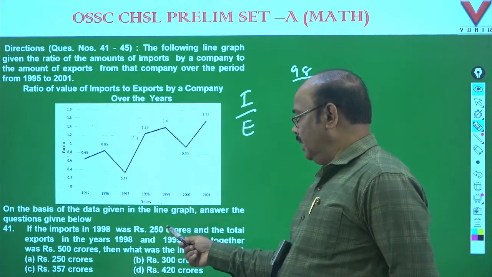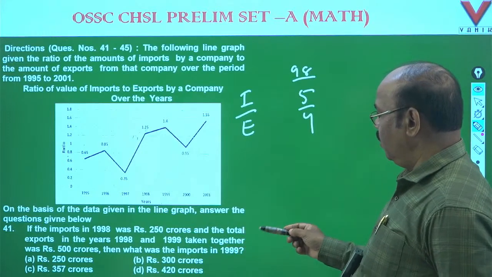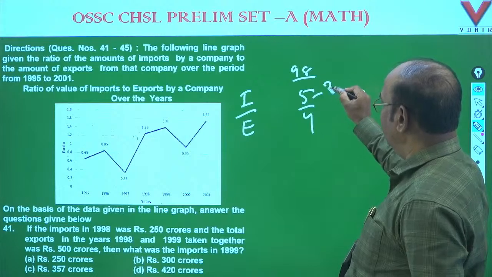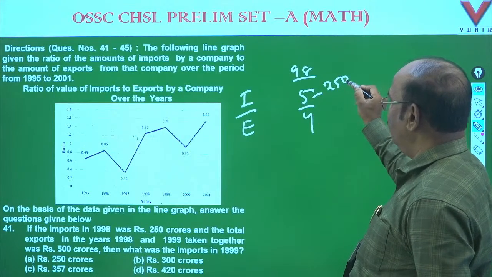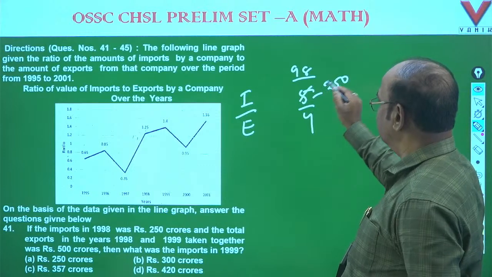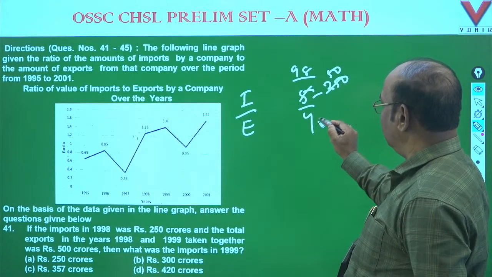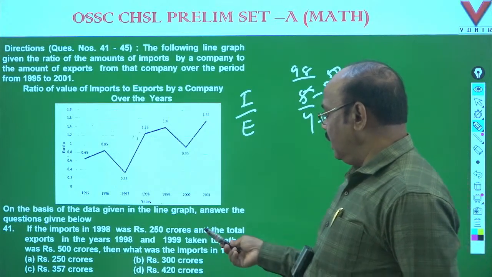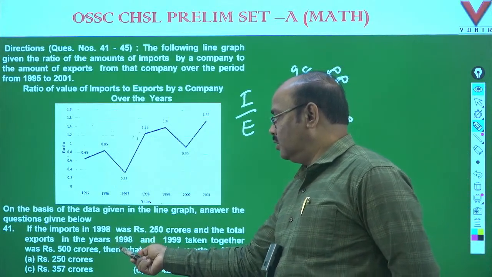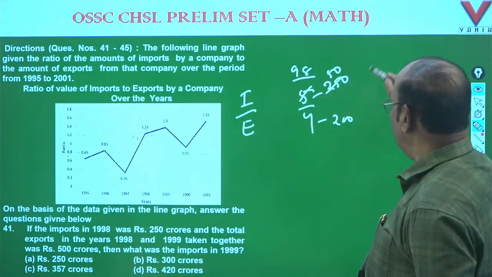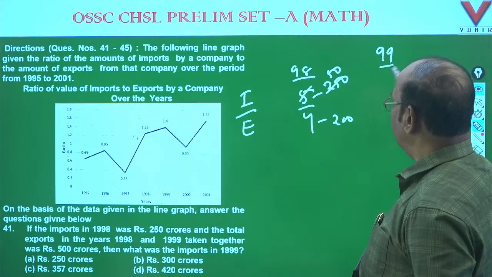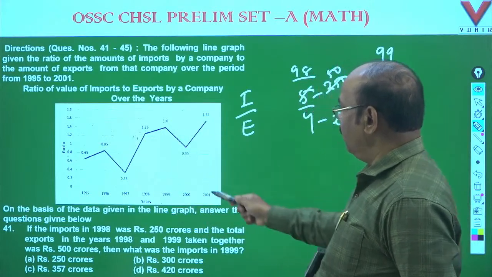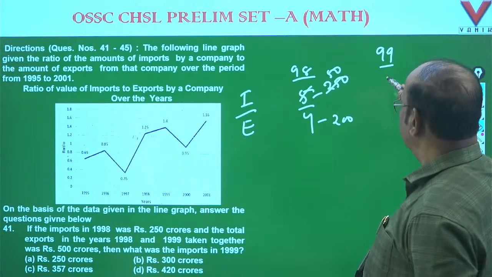Imports are 250 crore, so 5 parts is 250, and 1 part is 50. So exports come to 200. Exports in the years 98 and 99 taken together were 500 crore. The ratio for 99 is 1.4, which is 14/10, that is 7/5.